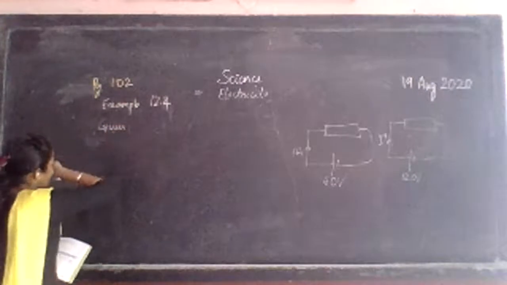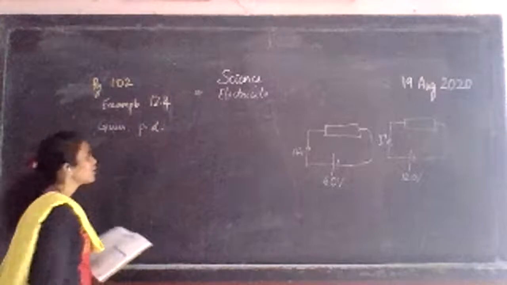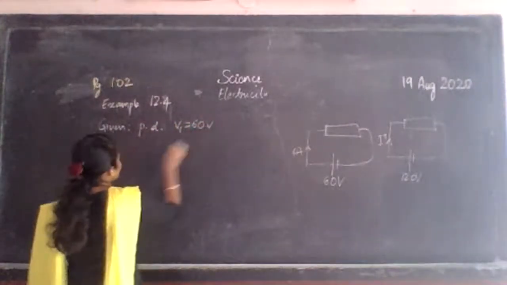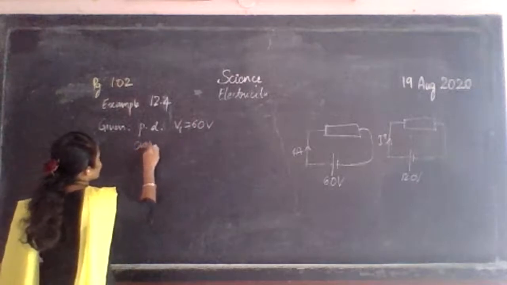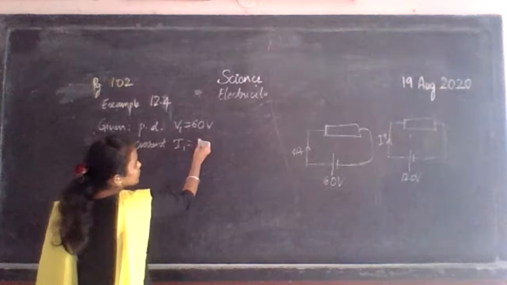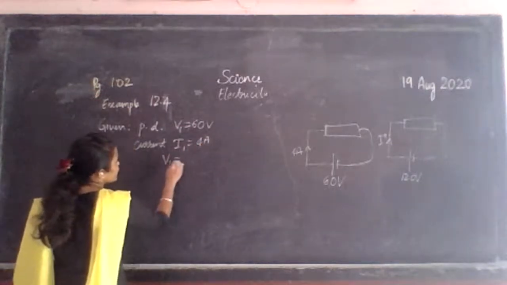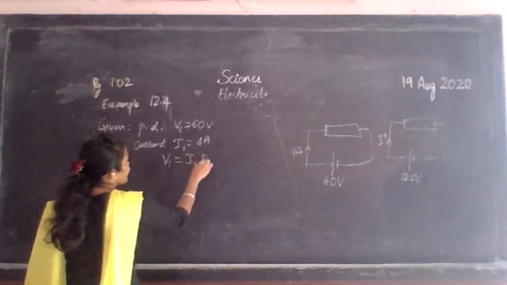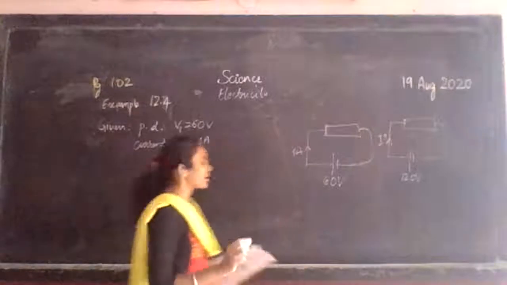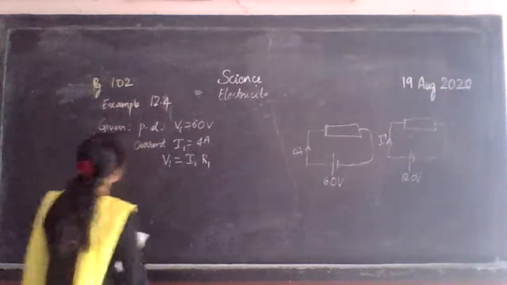Given potential difference, I write it as PD, potential difference V1 is equal to 60 volts. Then current I1 is equal to 4 ampere. Now according to Ohm's law, V1 is equal to I1 into R1.